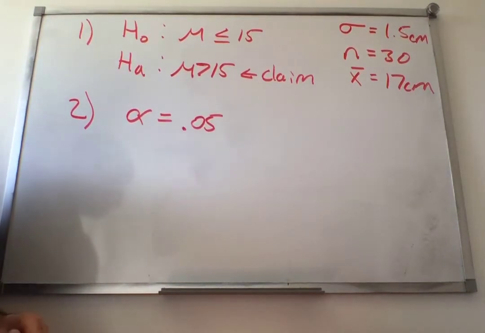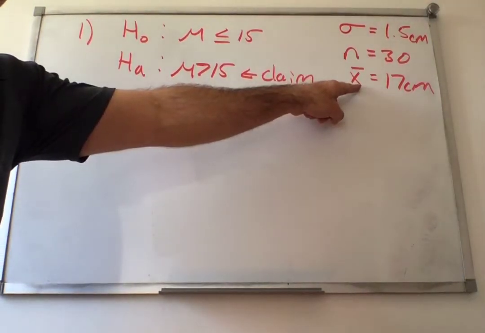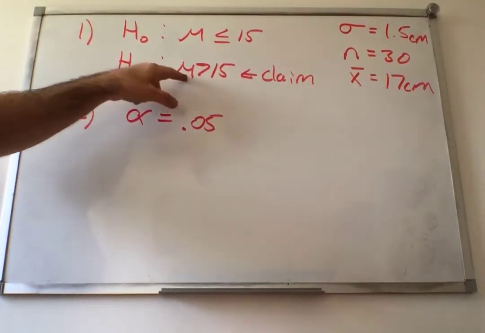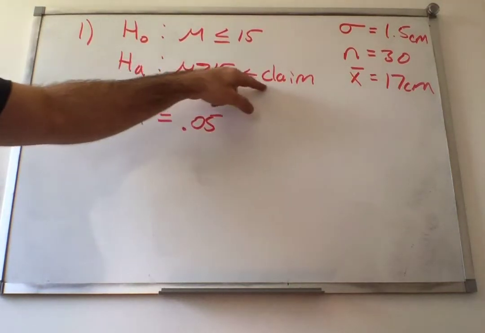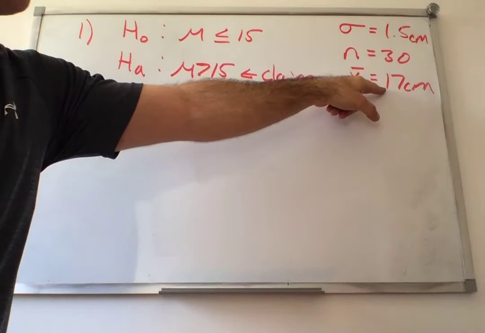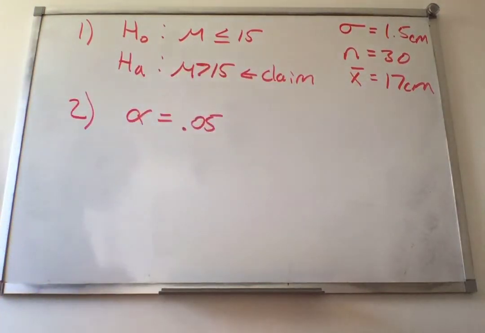Does the sample data provide evidence that the mean bread height is more than 15 centimeters? Do I have enough evidence to say that my claim is correct? Because this is my claim.